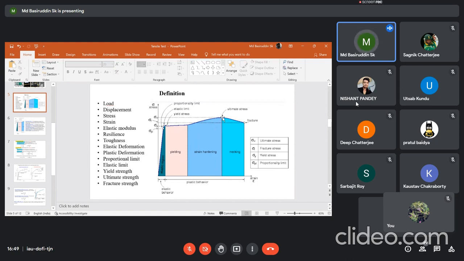Beyond that, the necking may start, and when the necking starts, the diffusion kind of things will come into the picture, and the deformation becomes localized. That is why we may not take the risk of going beyond that particular load during the manufacturing process.